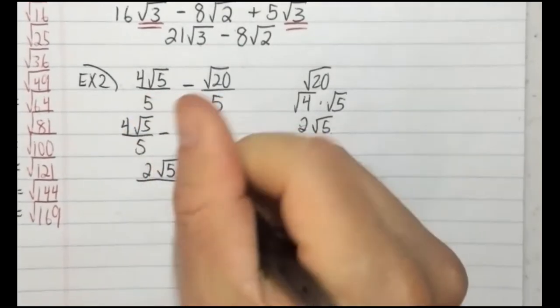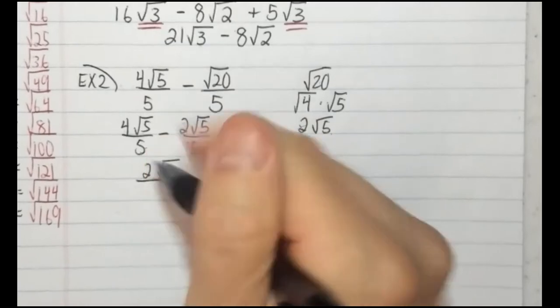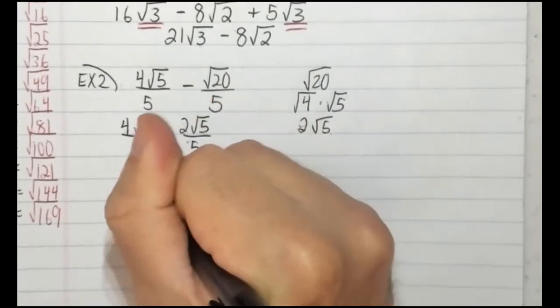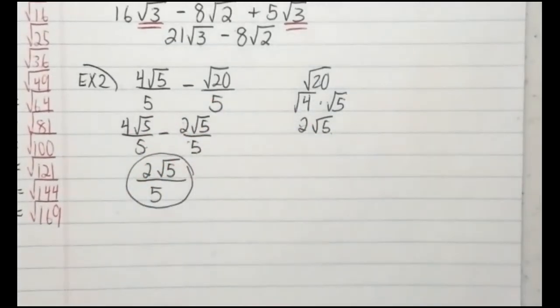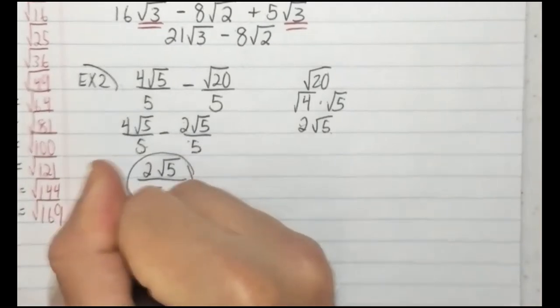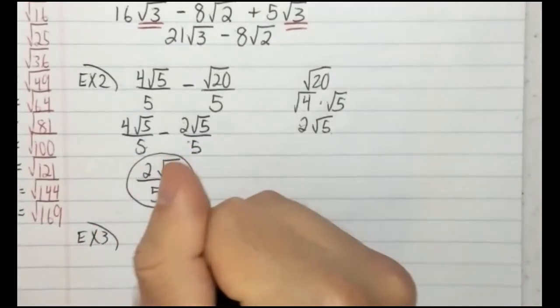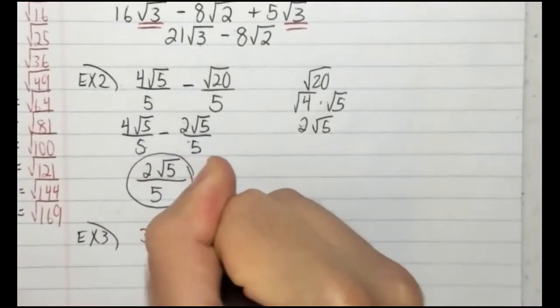That'll give me 2. Keep my common denominator. And there's my answer, 2 square root of 5 over square root of 5. All right, let's look at one more with adding and subtracting before we get into some multiplication problems.